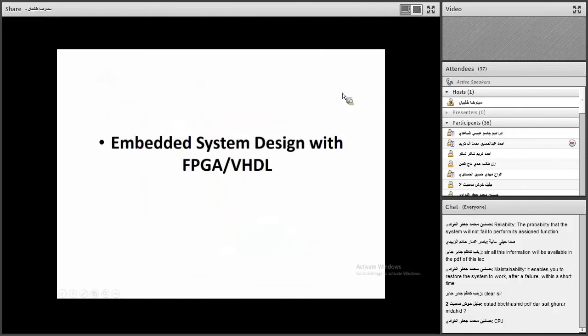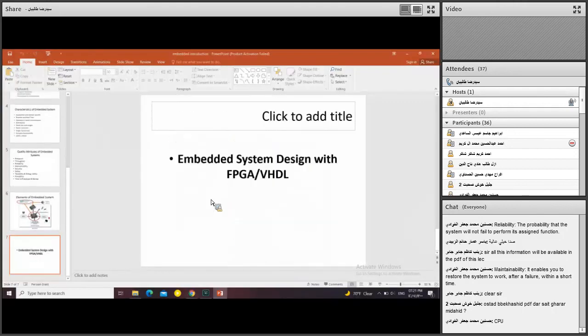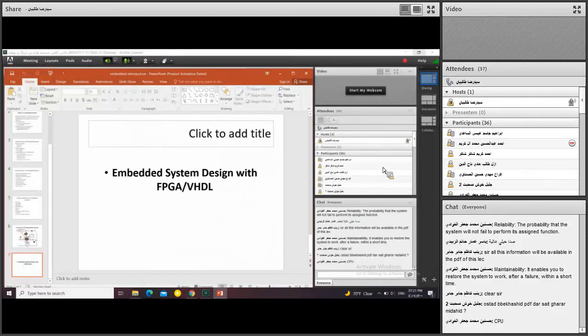Then the next slide is this, and it is our goal: embedded system design with FPGA. We want to know this because we know about the microcontrollers and the microprocessors, but we don't know about the FPGAs. So now we want to speak about the FPGAs.